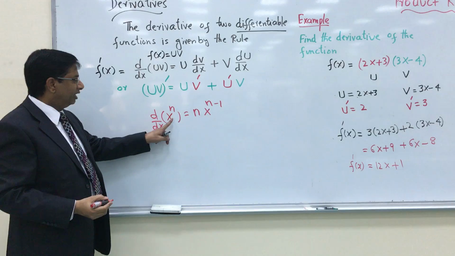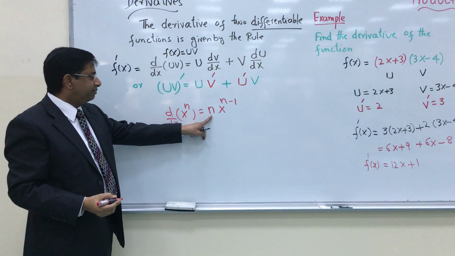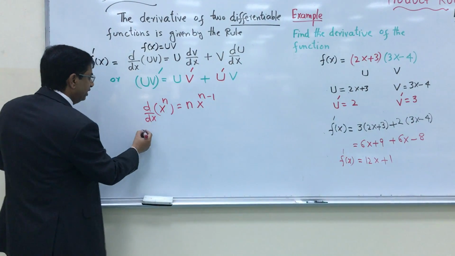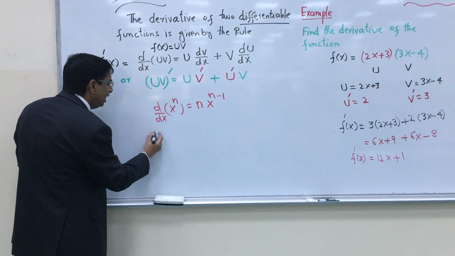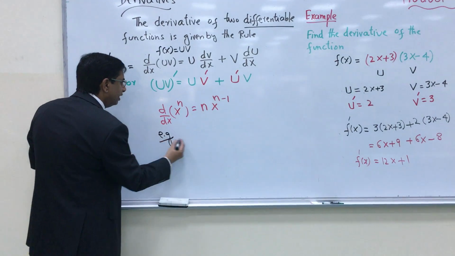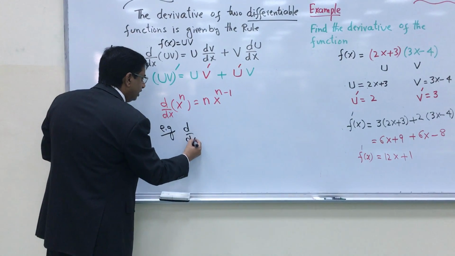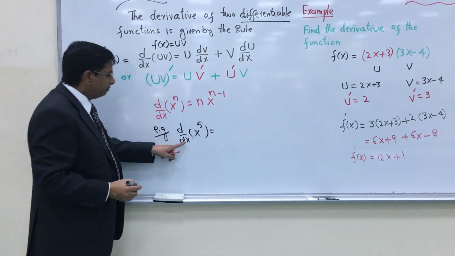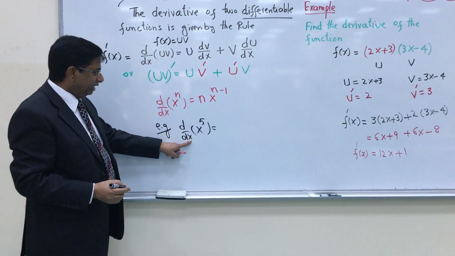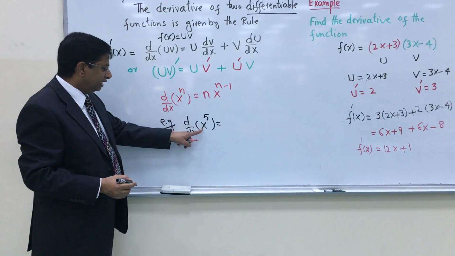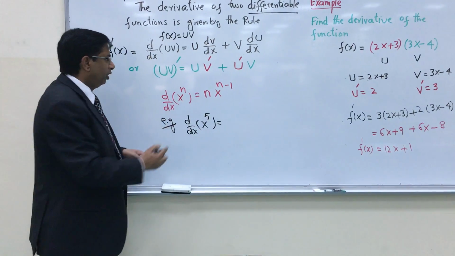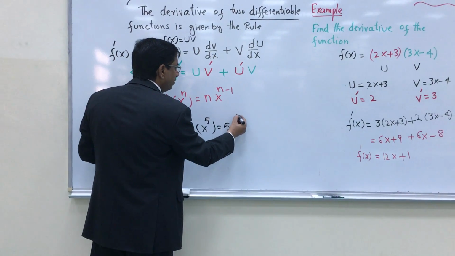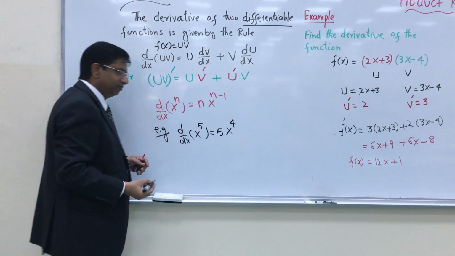For example, the derivative of x raised to the power 5 with respect to x: we write 5 and x to the power 5 minus 1, which is 4.